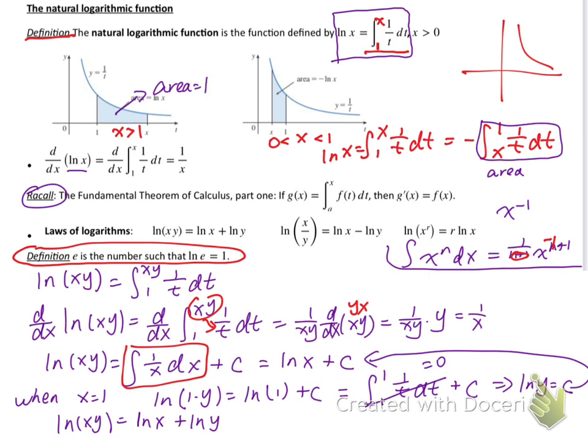When this area equals 1, you keep following the 1 over t function, and somewhere the area will reach exactly 1. That number that gives you an area of 1 is e. It turned out to be the 2.71828 number, but that doesn't matter. It's a number that is greater than 1. That's all that matters.